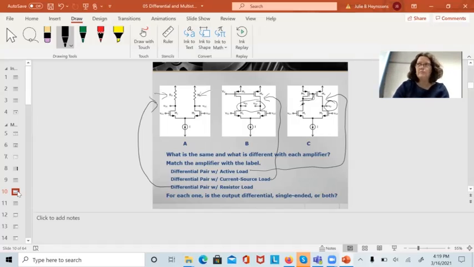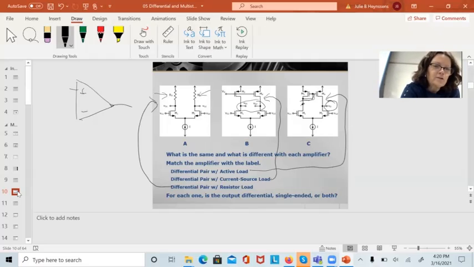Now, since the big idea for analog electronics since 1962 has been op amps, and still is, only the op amps are getting better, I have a differential input and I have a single-ended output. This is what gets built as the heart of an op amp.